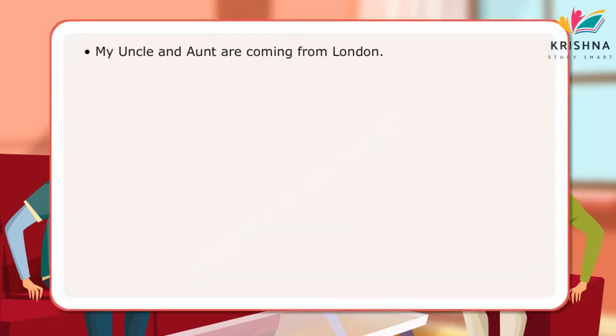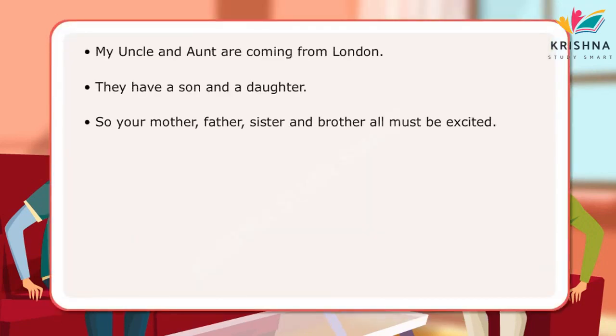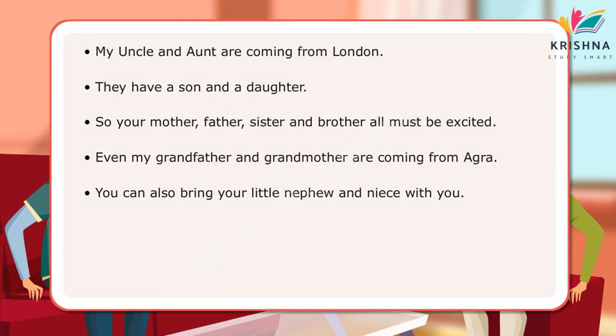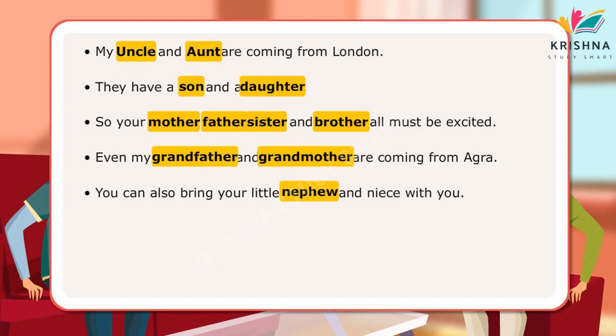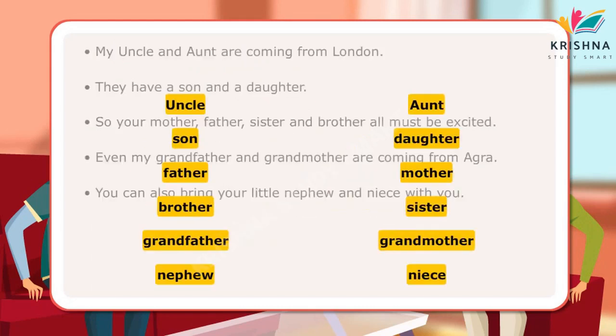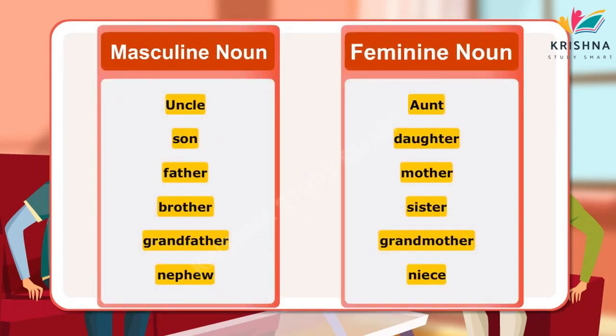In the dialogues, the speakers used different words to denote males and females. The words uncle, aunt, son, daughter, mother, father, sister, brother, grandfather, grandmother, nephew, and niece are examples of masculine and feminine nouns.